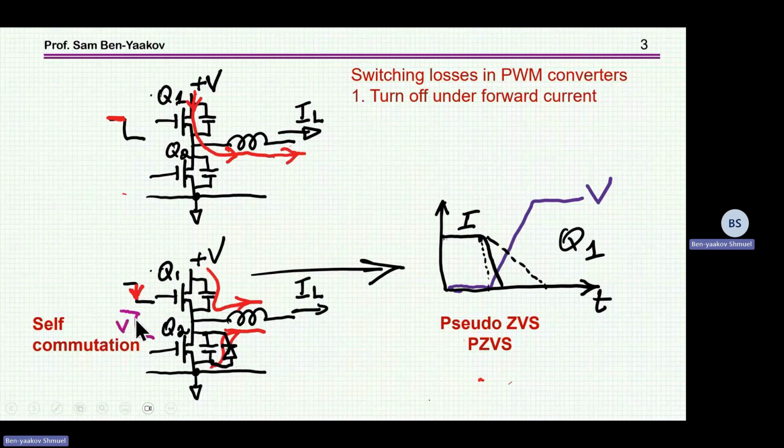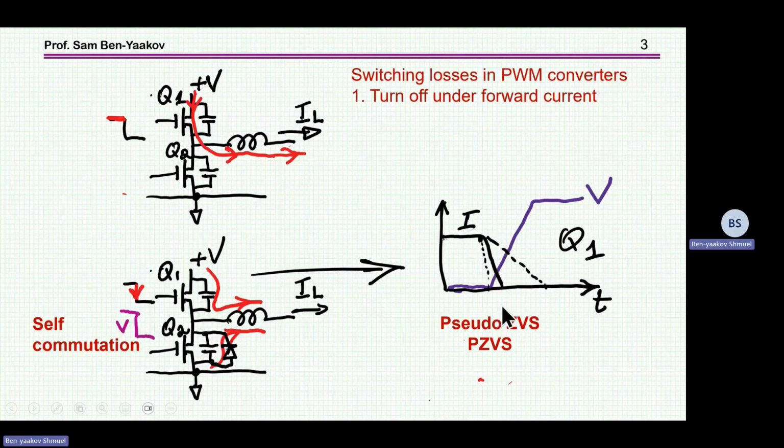And there is here a self-commutation in that the voltage by itself is moving from the bus voltage when the transistor was on to a lower voltage, and until it reaches actually ground, and then this current is passing through this diode. So if I'm considering this upper transistor, we see the current going down.